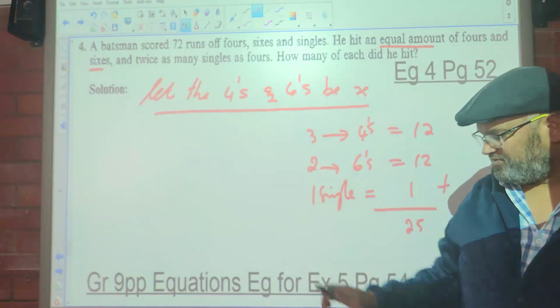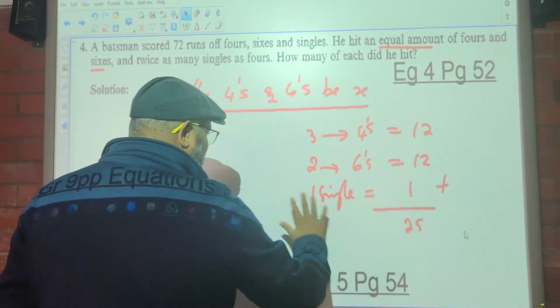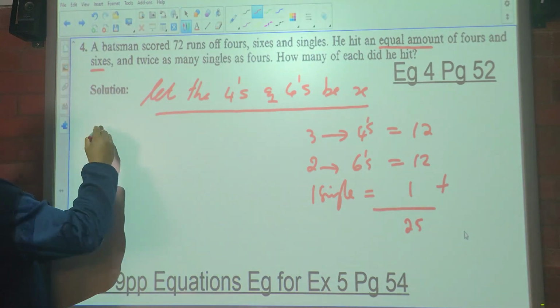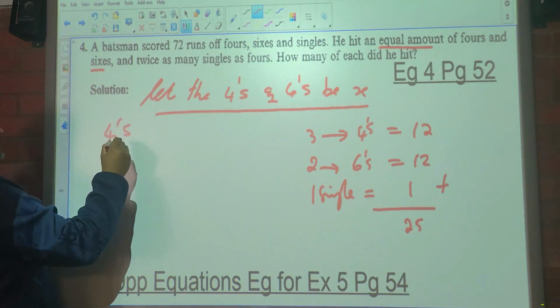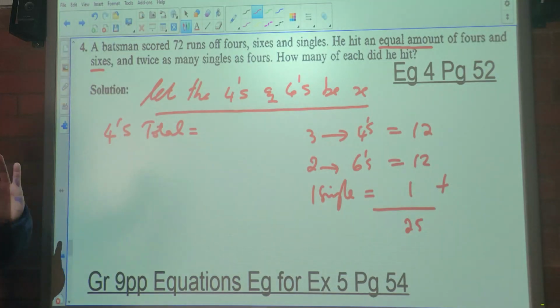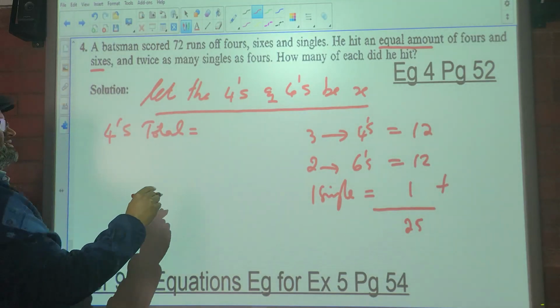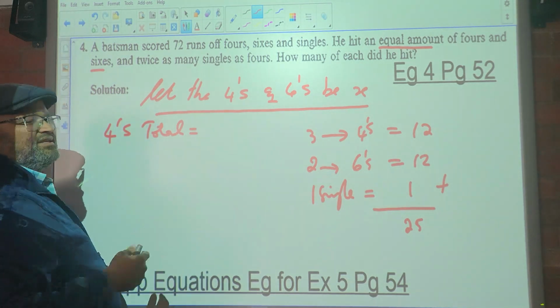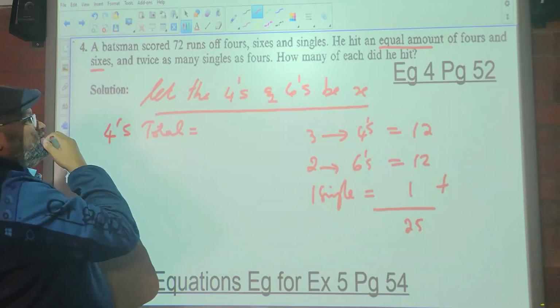No? In this line of thought, if you look at the fours, whatever amount of fours he hits, how would you work out the total runs of fours that would have contributed to 72?